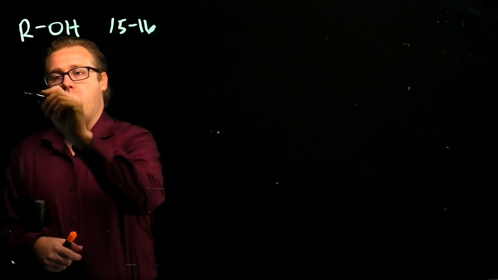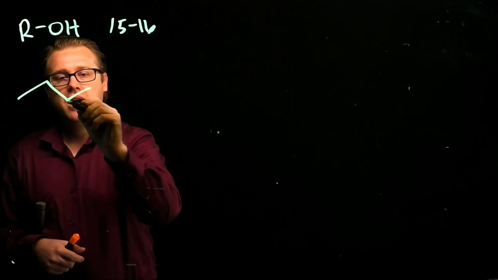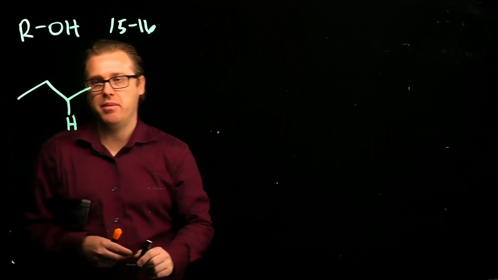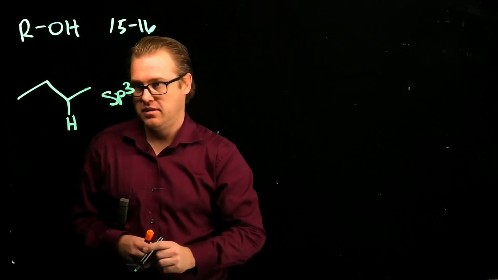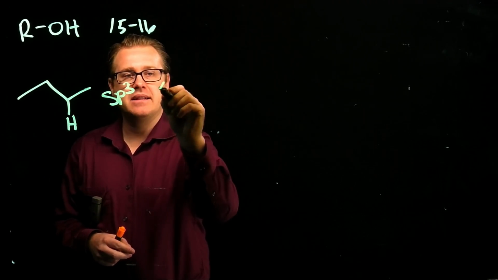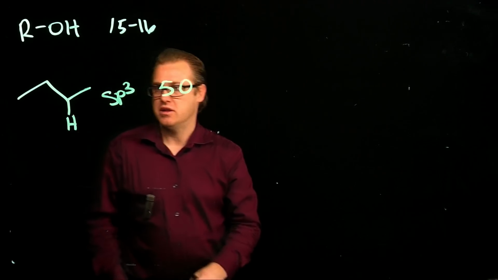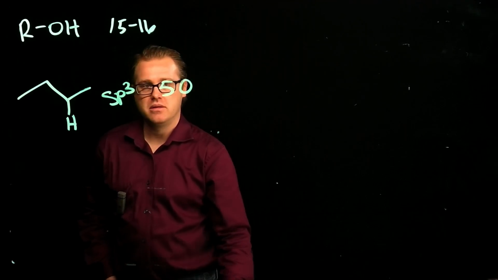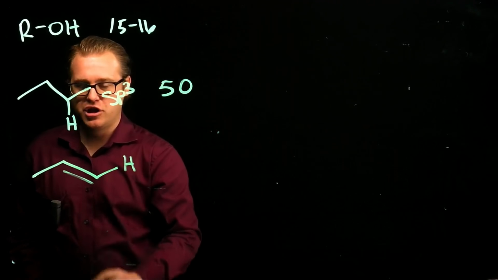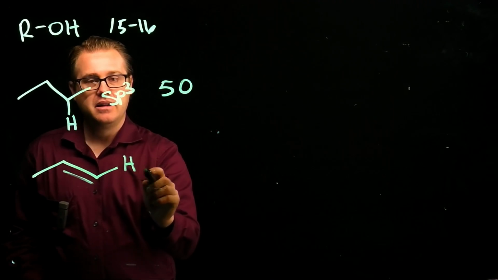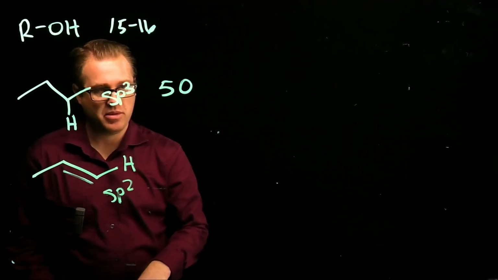Okay? Now, what is the pKa of a hydrogen coming off of a sp3 carbon? That pKa is about 50, so not acidic at all. What if you had a hydrogen coming off of a sp2 hybridized carbon?